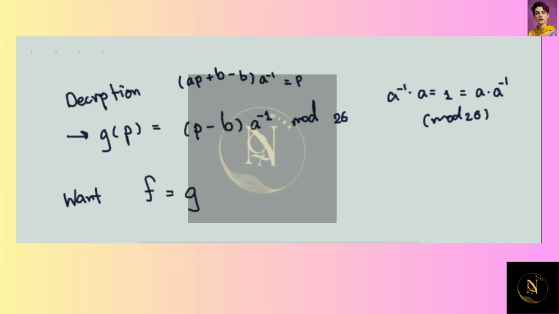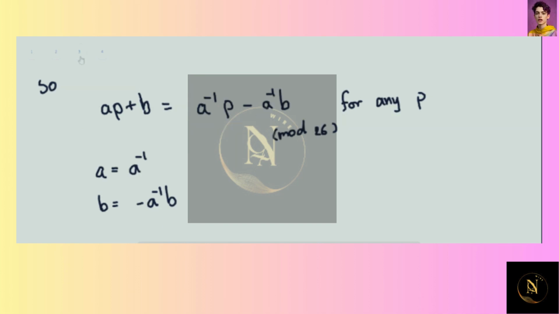And now we want both sides to be the same, so we compare them directly like this. This is f, this is g, and for this to be true for any message p, each term with p or without p has to be equal.